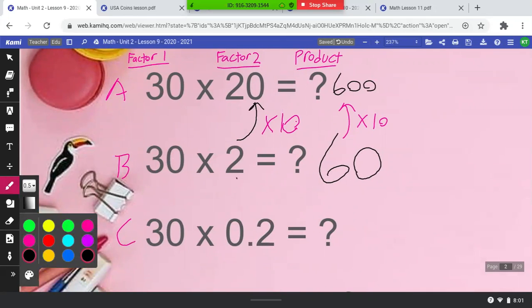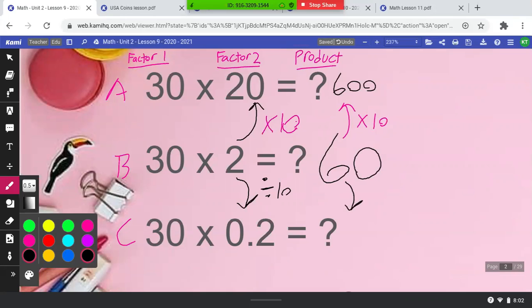Now let's do B to C. When I go from 2 to 2/10, how do I get there? What operation do I do? Well, I am decreasing in place value. So I am dividing by 10. And you know what? My product is going to do the same thing.